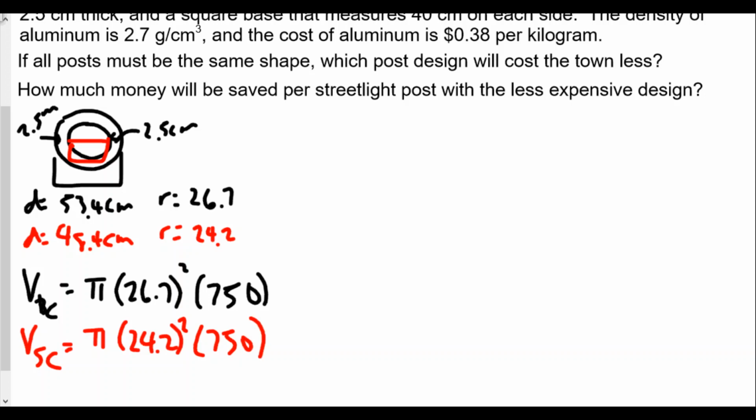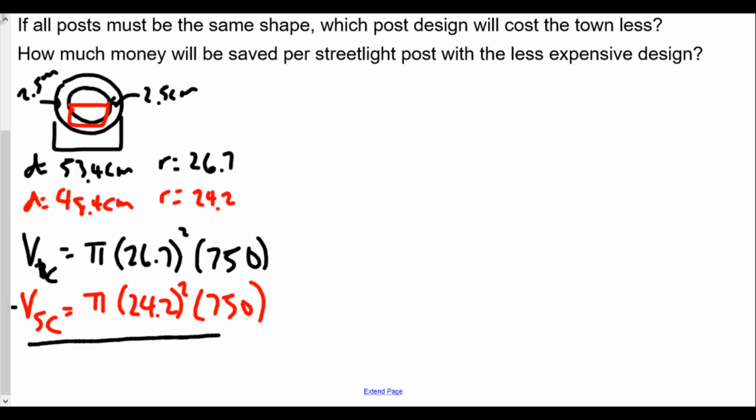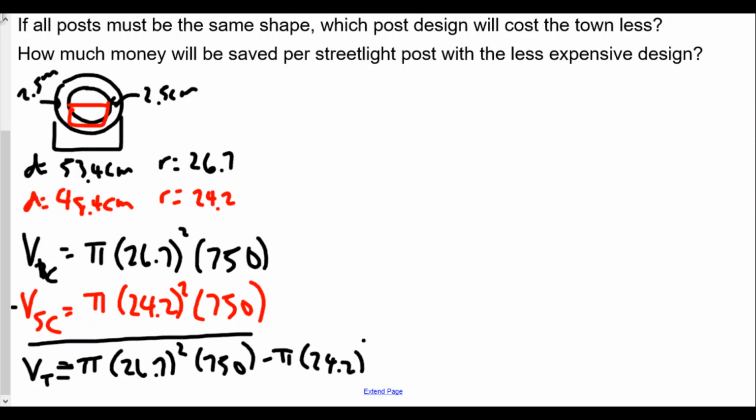And we're going to subtract the two of them. And so the total volume will be the difference: pi times 26.7 squared times 750 minus pi times 24.2 squared times 750. Now, what's going to happen is this.